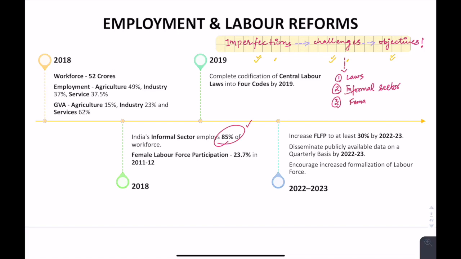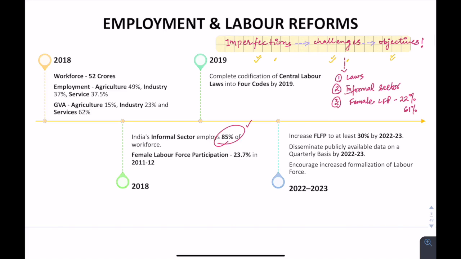When we talk about labor force participation, the female labor force participation is very low in India compared to other countries. Presently in India, it is only 22%, approximately 22.7, so let's take it as 22%. Whereas in China, presently it is 61%. Now that's a huge gap that needs to be filled.